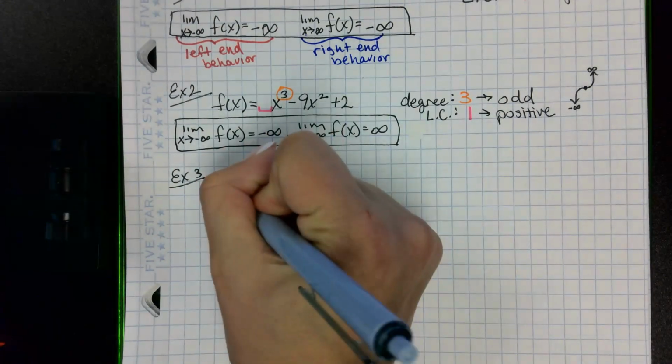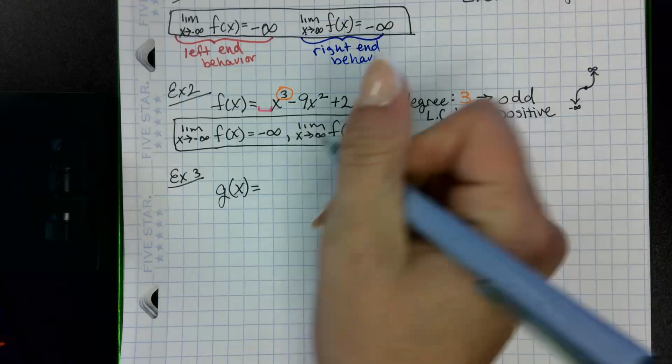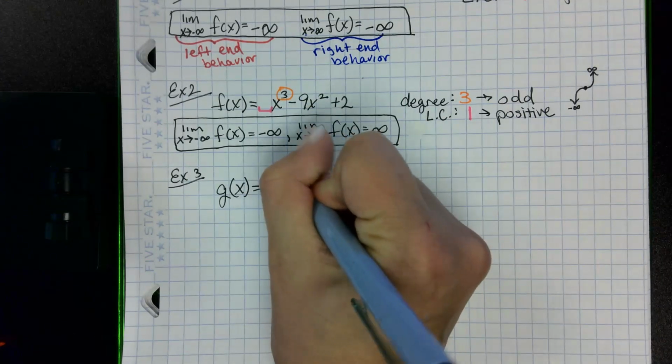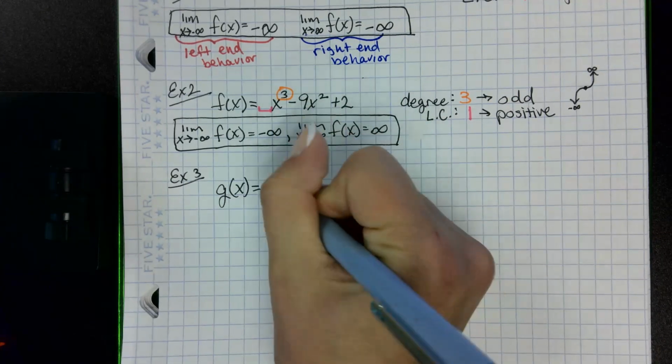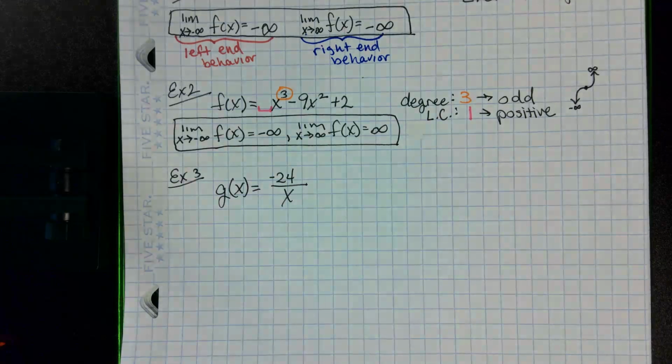G of x equals negative 24 over x. This doesn't match one of our 4 situations from up above because that's a rational function. Rational functions are a little different. They could still have end behavior as either positive or negative infinity.